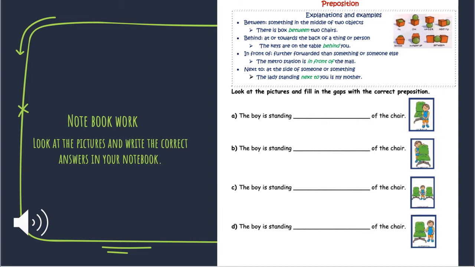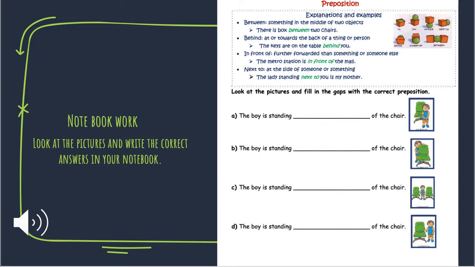Students, you have to look at the pictures given here in this slide. Look at the pictures. In number one, a boy is standing where? There is a chair and a boy, and you have to look at the position of the boy. Where is that boy standing?